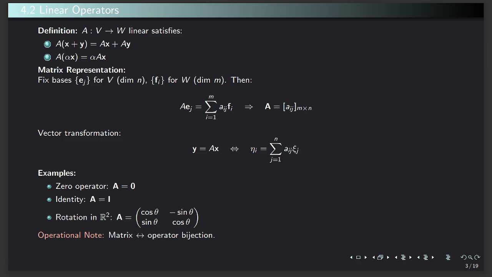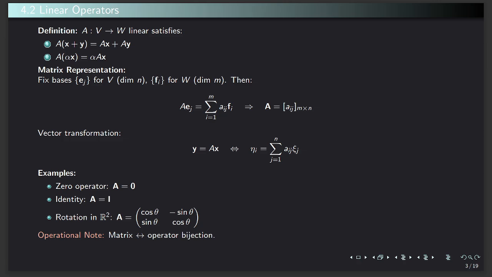Once we fix a basis for the input space V and the output space W, any linear operator can be uniquely represented as a matrix. The columns of this matrix are coordinate vectors of the images of the input basis vectors. The jth column of this matrix A consists of coefficients a_ij that express the transformed basis vector A e_j in terms of the output basis vectors f_i.